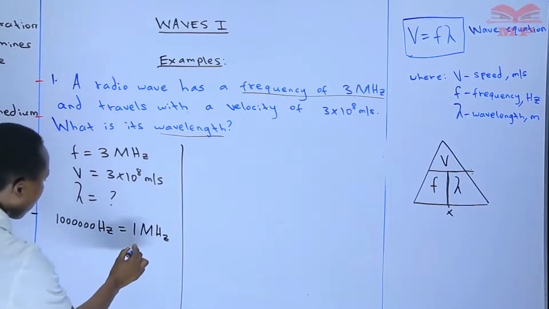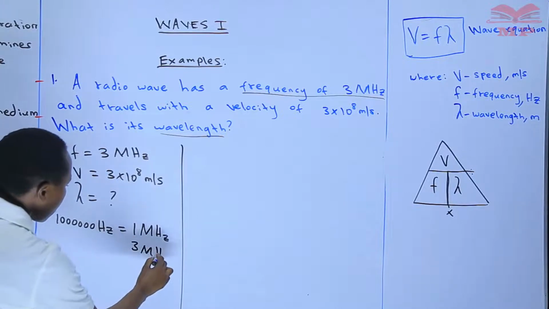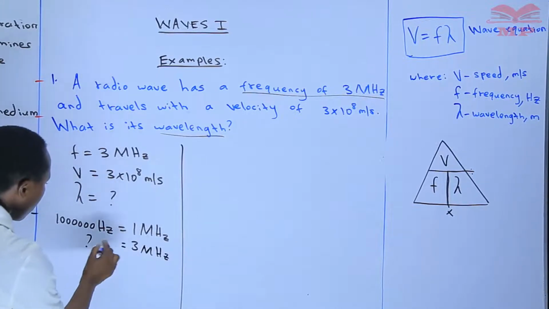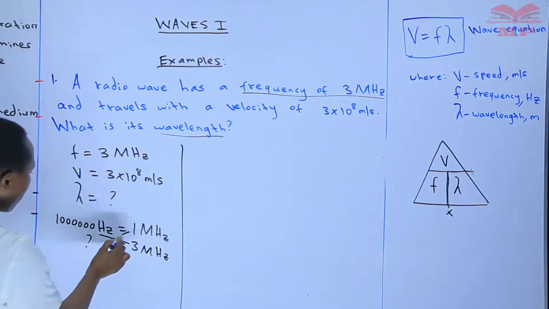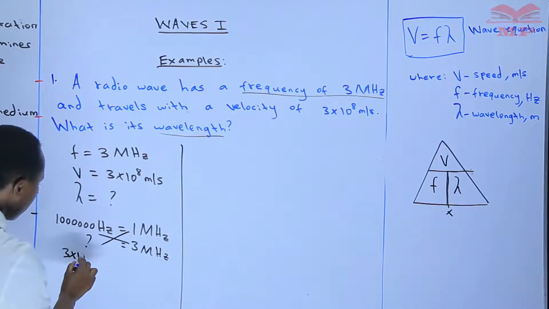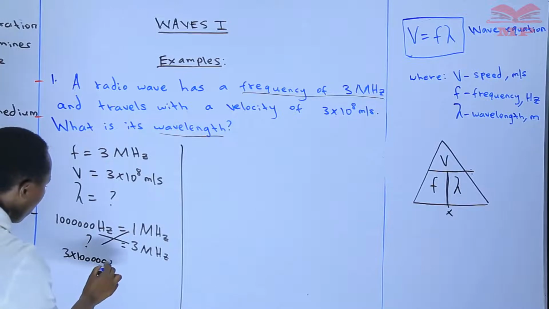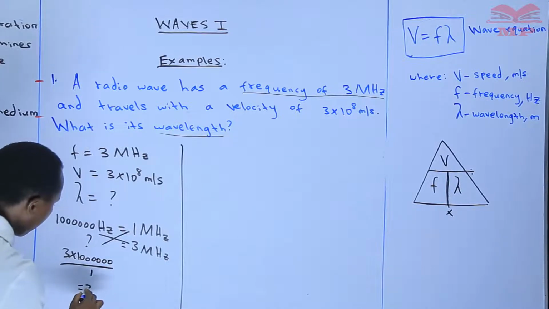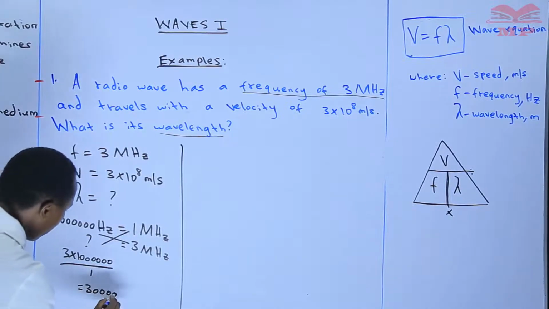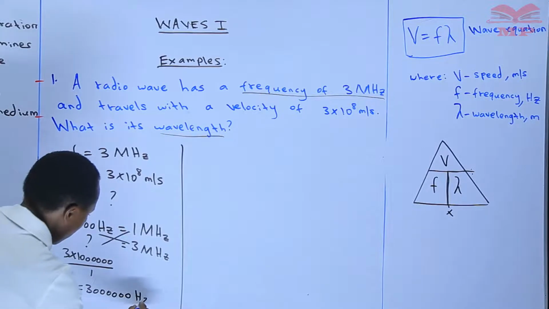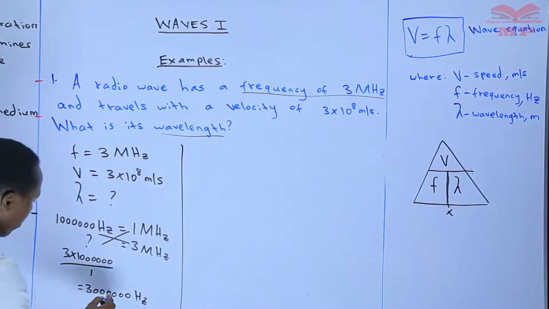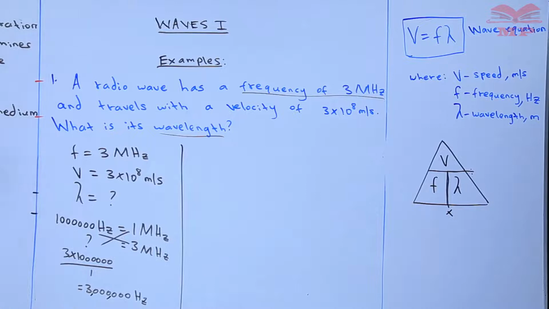Therefore, we can convert 3 megahertz into hertz. So we have 3 times 1,000,000 all over 1, and we end up getting 3 million hertz. So the frequency is 3 million hertz. Then we ask ourselves, is the velocity in its SI unit? Yes, in meters per second.